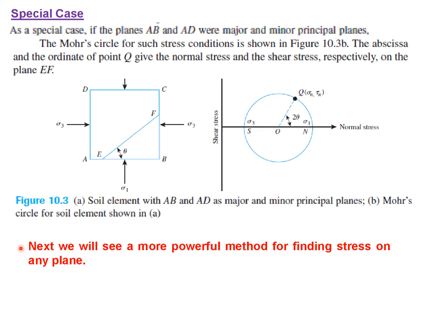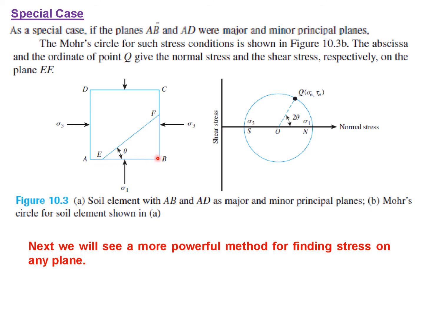So basically, if you just look at this particular case again, this is sigma 3, this is sigma 1. This is the minor principal stress, this is the major principal stress value. We want to know the normal stress and the shear stress on this particular plane, which is making an angle of theta with this horizontal surface.